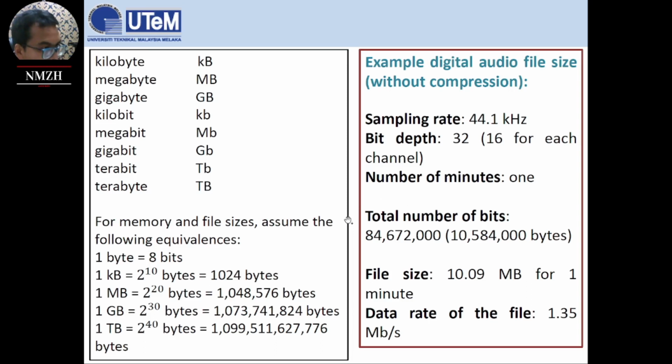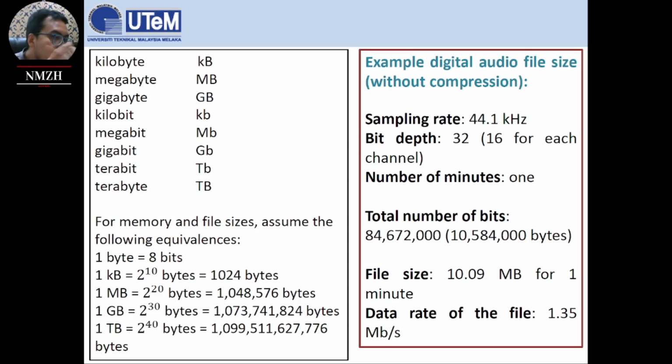Now we got bits. So to have bytes, we need to divide this number by 8. So we have 10,584,000 bytes. So for the size, this number will be divided by 1 mega, right? So then we have 10.09 megabytes.